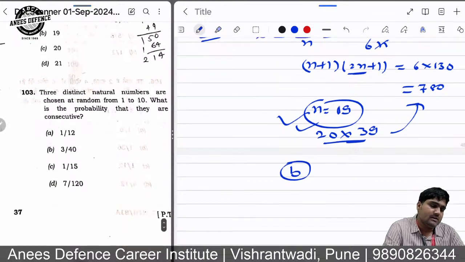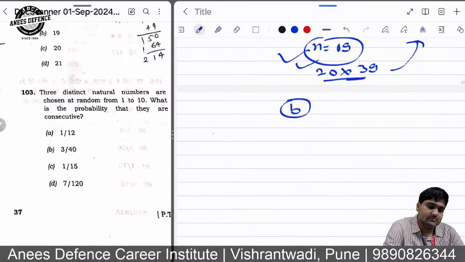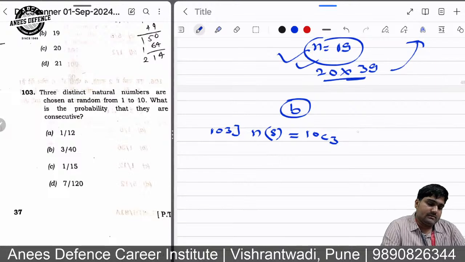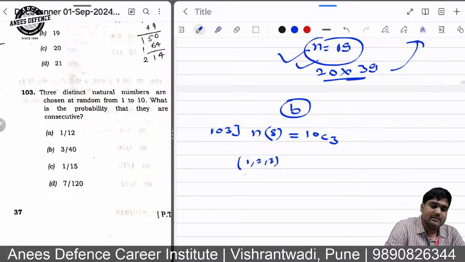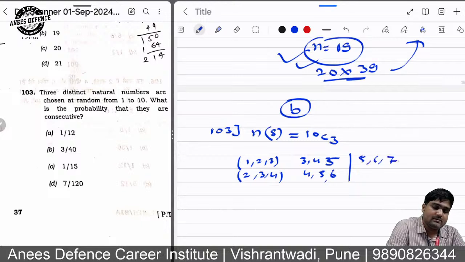Next, question 103. Three distinct natural numbers are chosen at random. So the sample space will be 10C3. What is the probability that they are consecutive? If I start, the first natural numbers are 1, 2, 3. The next will be 2, 3, 4. Next 3, 4, 5. Then 4, 5, 6, then 5, 6, 7, then 6, 7, 8. These are the favorable cases, and 7, 8, 9 and 8, 9, 10.